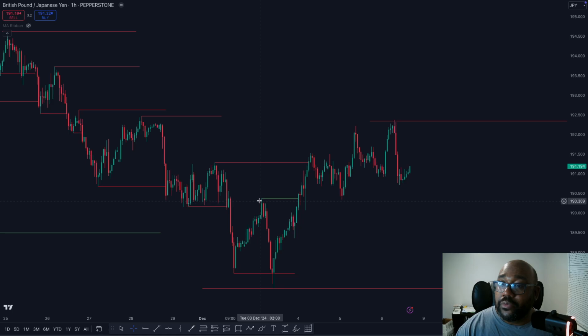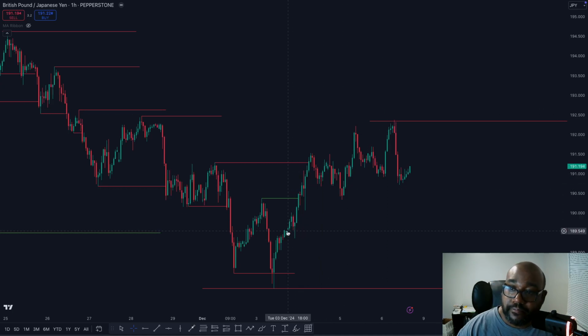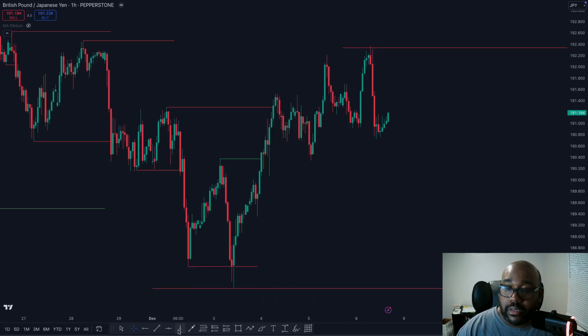And now, since we broke this and then broke this, we're looking for longs. Yeah, that's a baby on a lower time frame, but I'll put it in there.